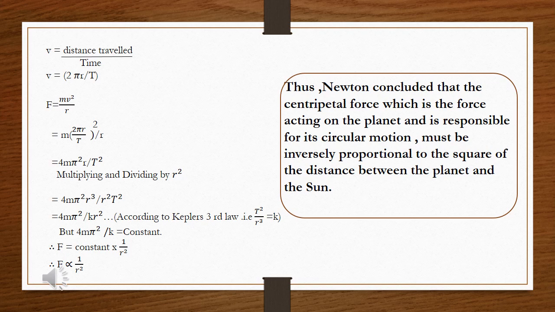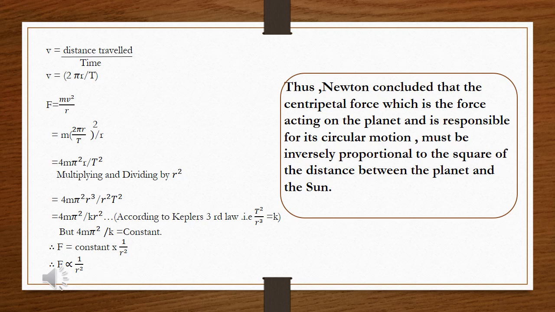Into 1 upon r square. Now we know that m is the mass of the planet and that is fixed, that is a constant. So we can say that 4m pi square upon k, this quantity is a constant. Therefore we get F equal to constant multiplied by 1 upon r square.